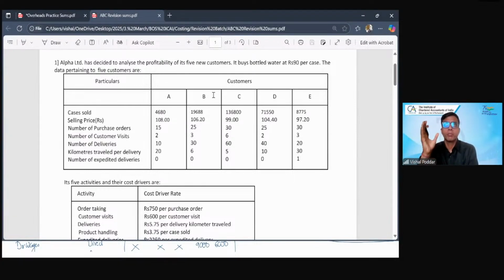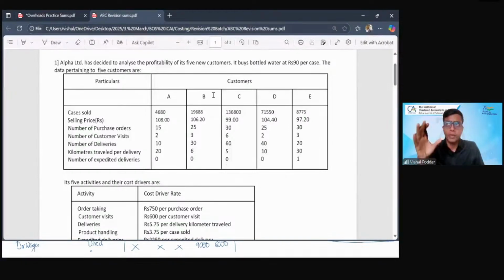Because the major reason why ABC has gained momentum is that the traditional method of overhead distribution was designed only to cater to production departments or manufacturing companies, whereas nowadays we have very big service sectors. So the traditional approach does not cater to service sector. That is where ABC is gaining momentum.